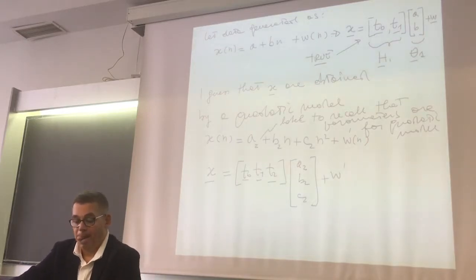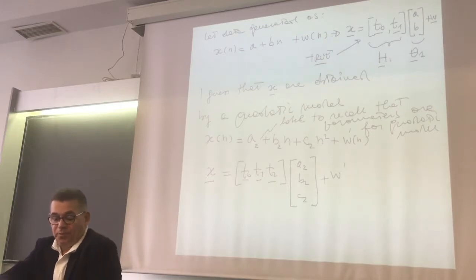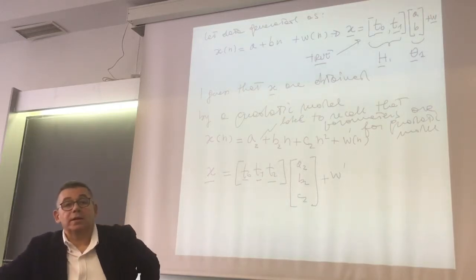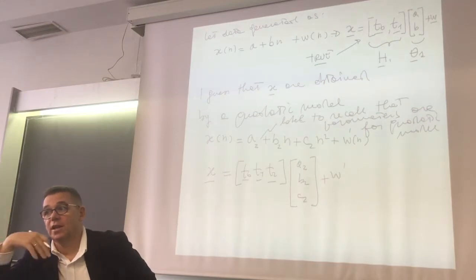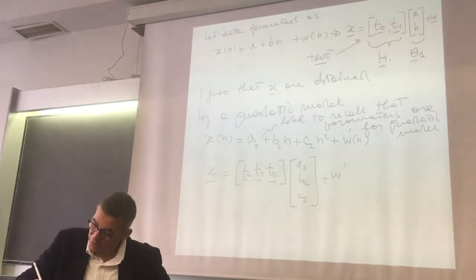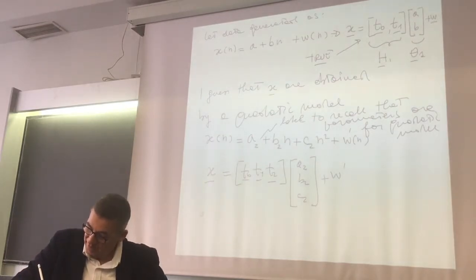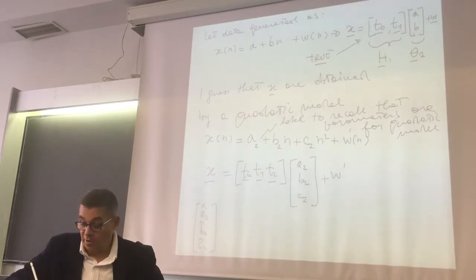The noise is Gaussian and independent. So then what is my estimated value? What are a2 hat, b2 hat, c2 hat?